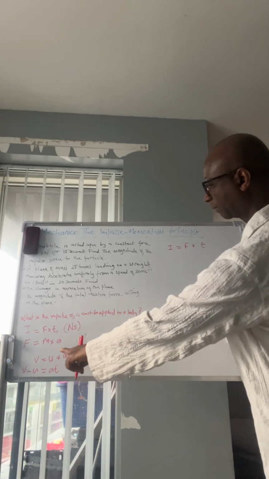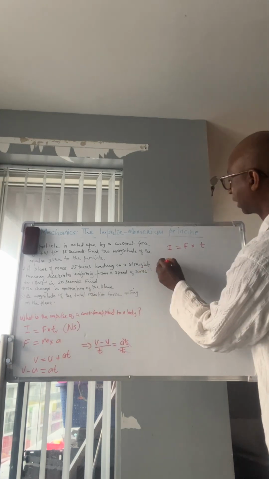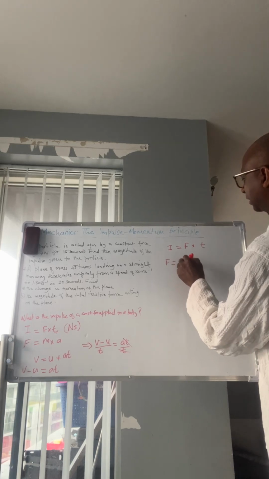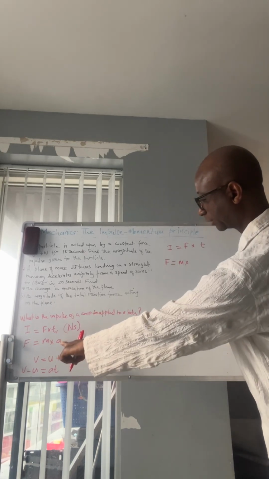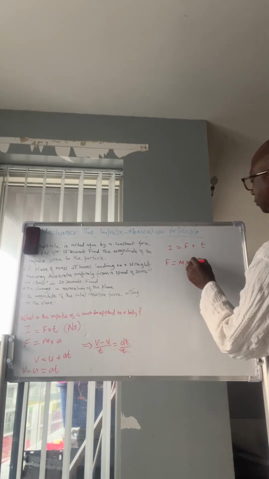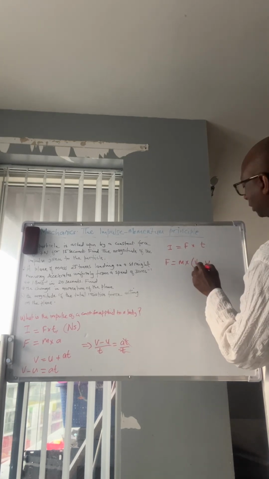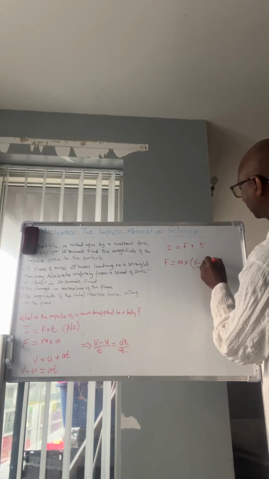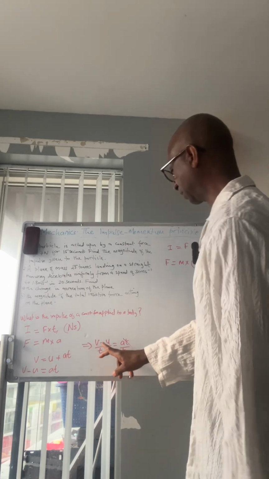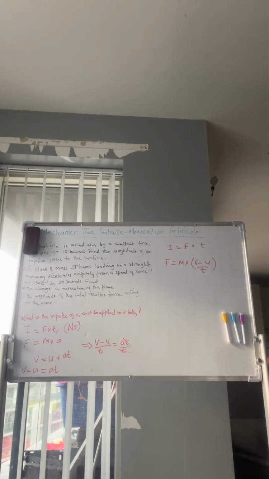And for this one, we have F equals the mass times acceleration. But we found acceleration to be v minus u all over t, that is, final velocity minus initial velocity over the time.